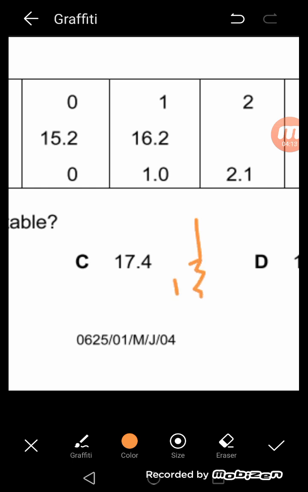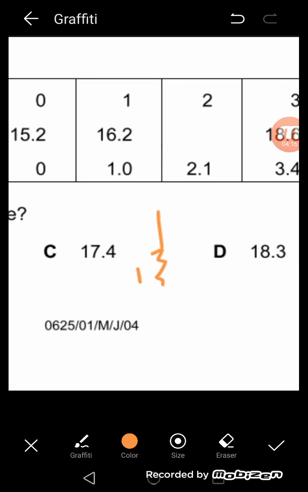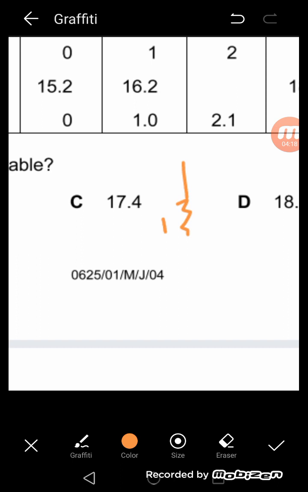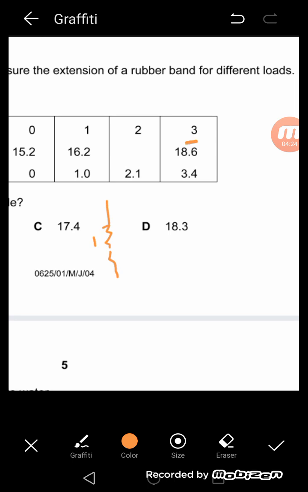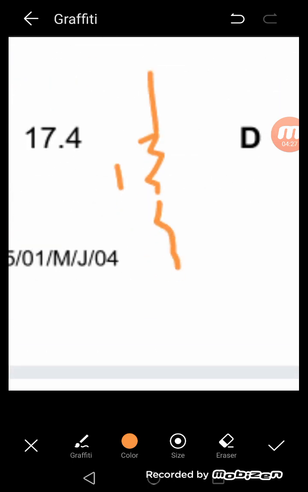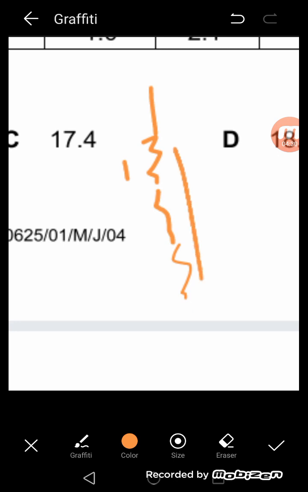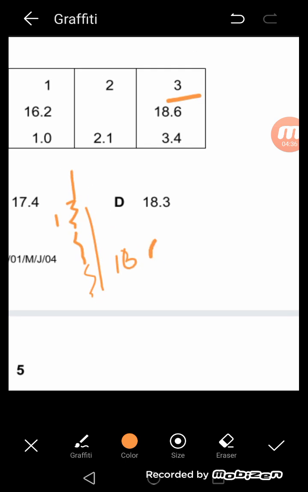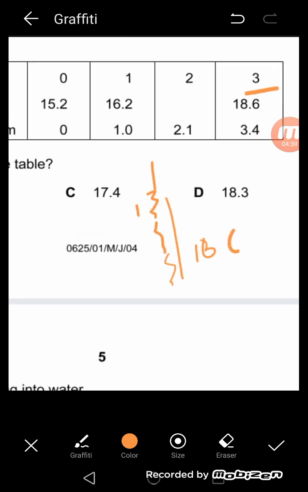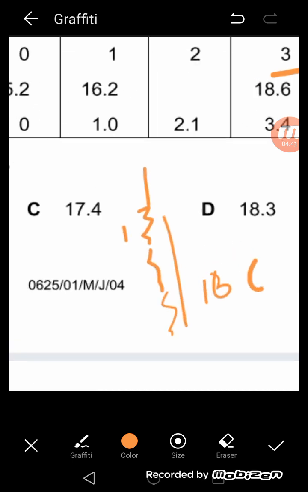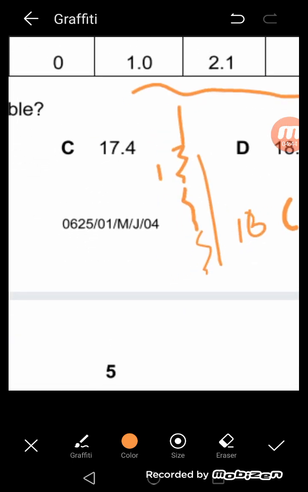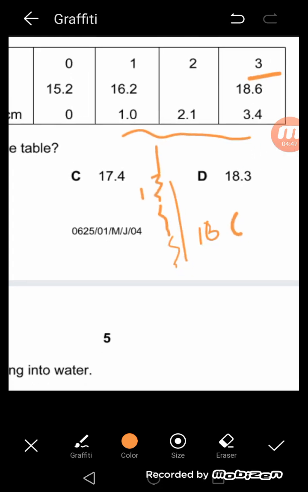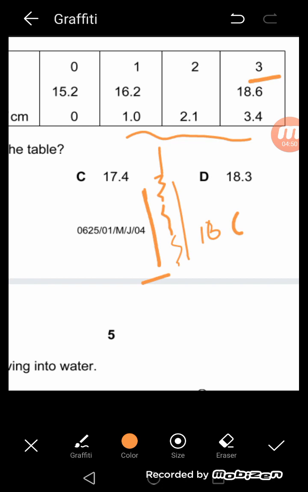Then if you add 2 Newton, the extension will be a little bit more. Then if you add 3 Newton, the last extension will be 18.6. This is the full length. This is the full length, and 3.4 is the extension.